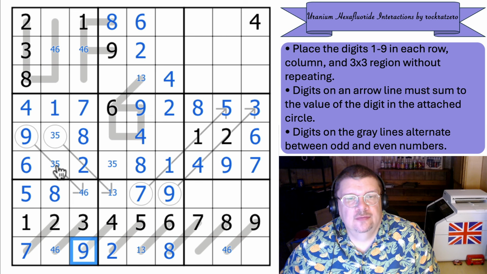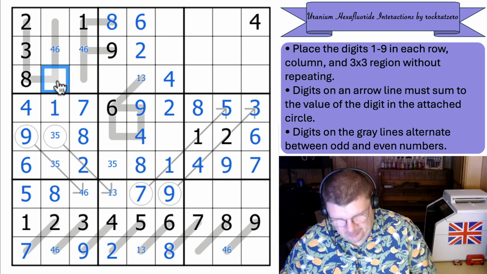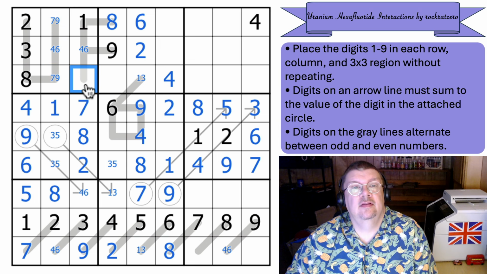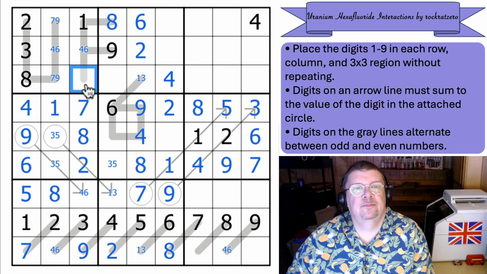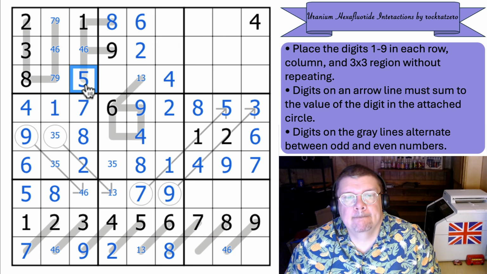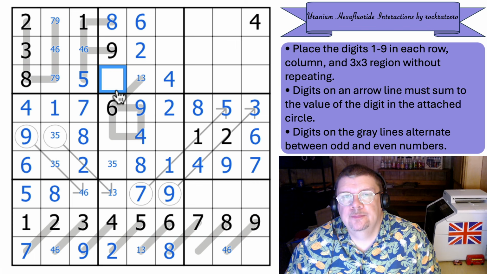Okay, this is 3 or 6 or 5 or 4. Well, these two digits must now be 7 and 9. And this one here must be where 5 goes. All right.